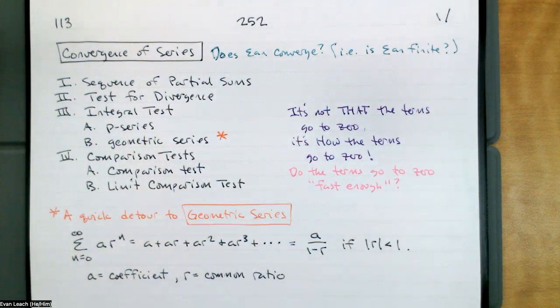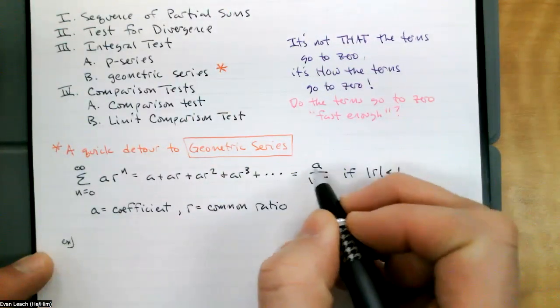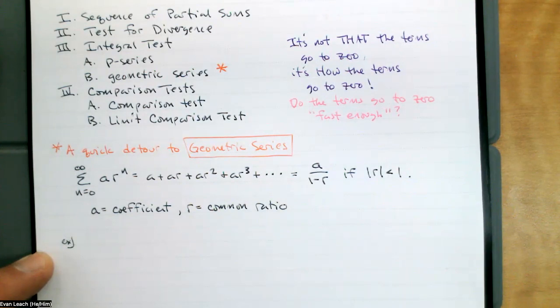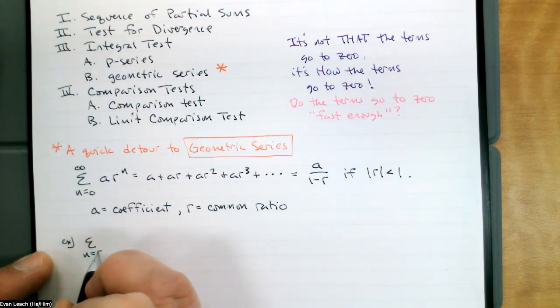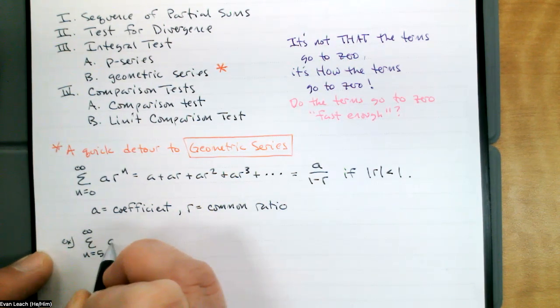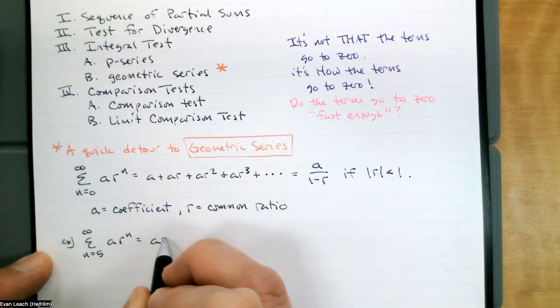So if we had, for example, this numerator in the sum is the first term, not just the coefficient. If I had the sum as n goes from 5 to infinity of a times r to the n, then the first term would be ar to the 5th.